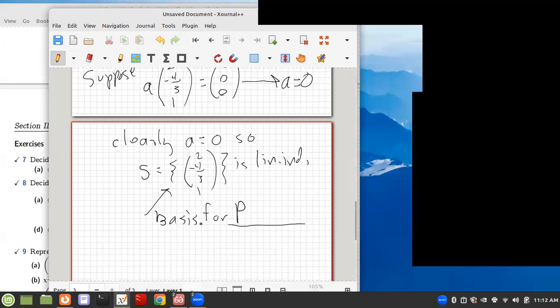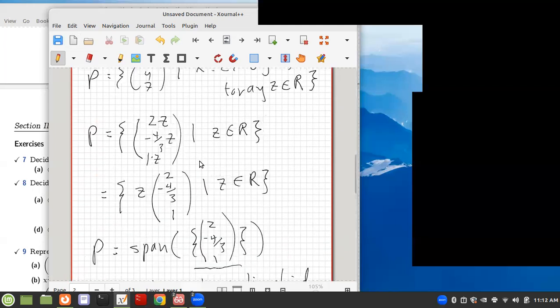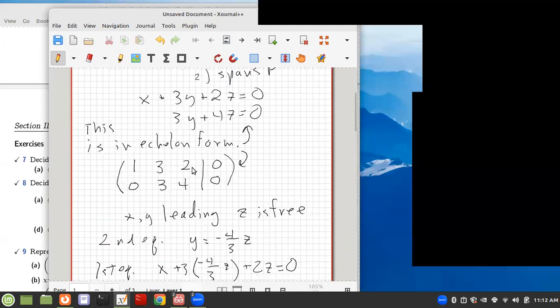Okay, well, there's one example that gets this idea, and let's go back and look at this coefficient matrix here.